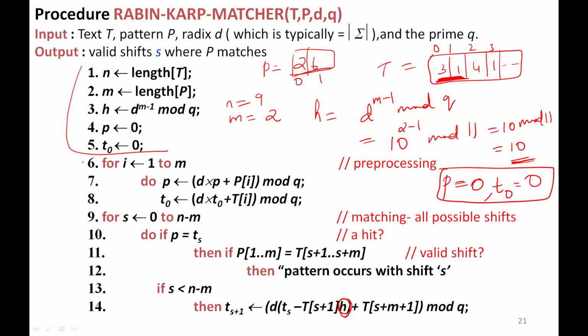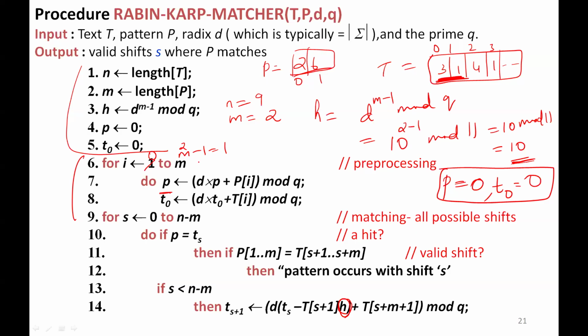Now what is the next step? Inside the for loop, you vary I from 0 to M minus 1. What is M minus 1? M is 2, so 2 minus 1, you just move from 0 to 1. We have to find out the value of P for the pattern. Once you find out P, it's never going to change. The hash value of 26 will be always the same.